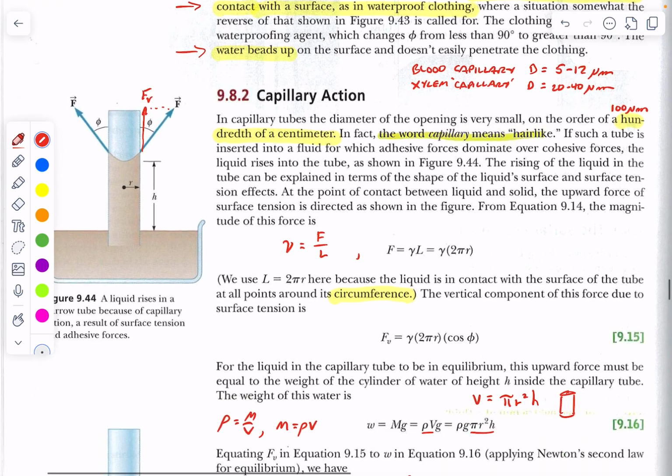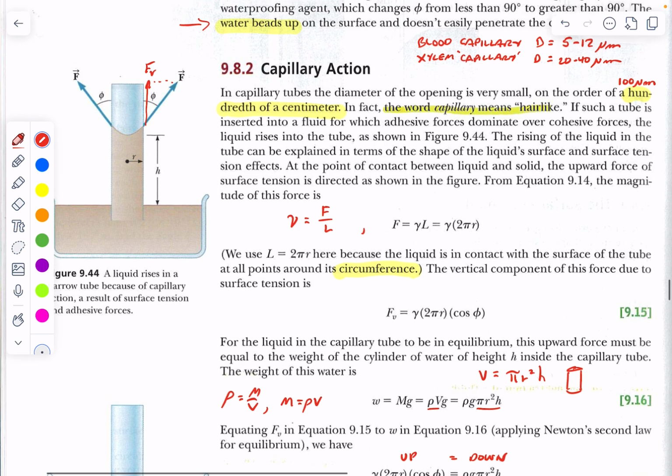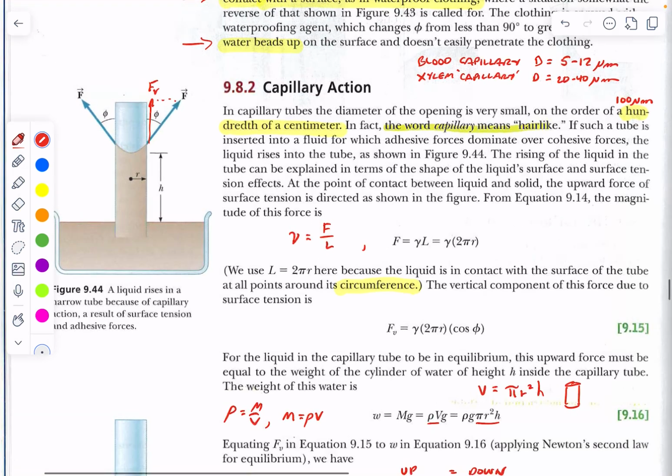So talking about capillary action now. Capillary action refers to something called a capillary. And a capillary is a very, very thin kind of tube. Sometimes that capillary tube might be made out of glass, a man-made tube, which is very, very thin, maybe 100 micrometers right there.